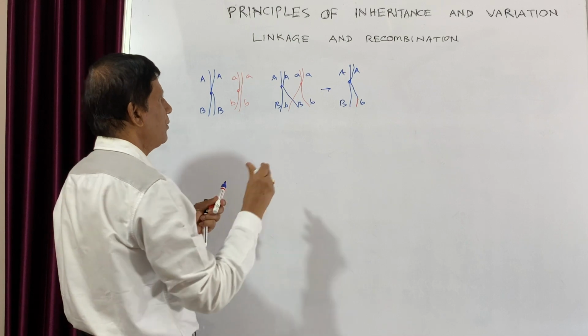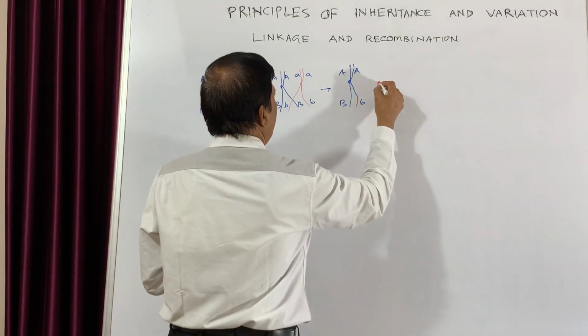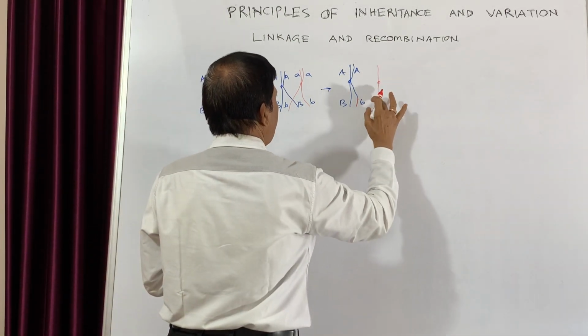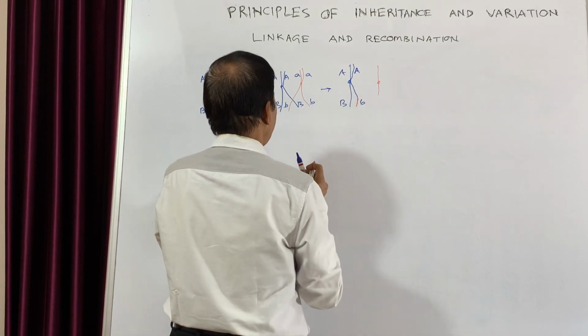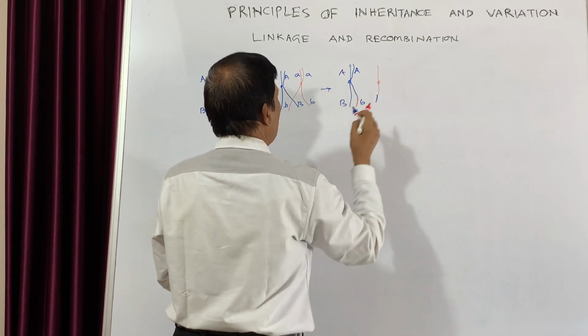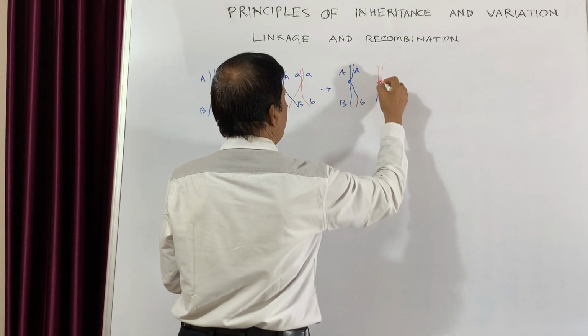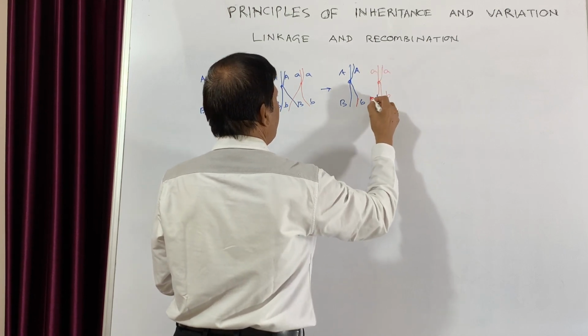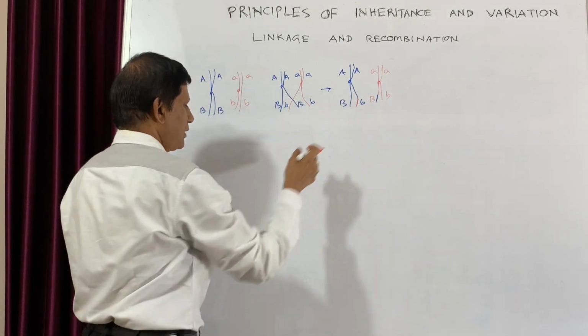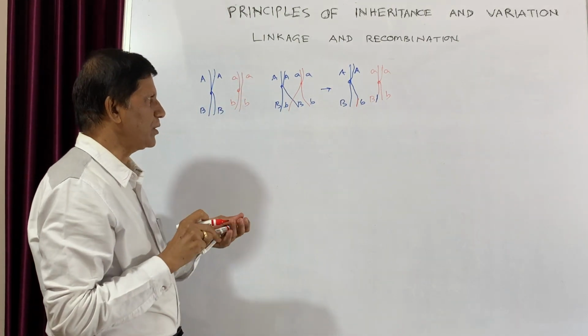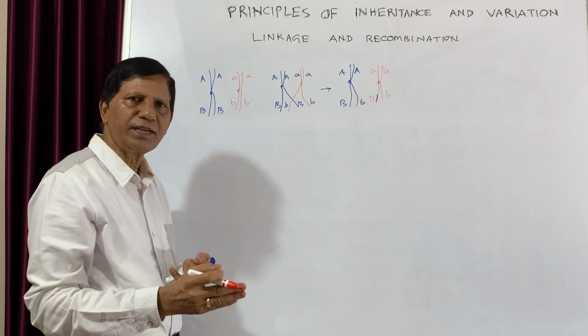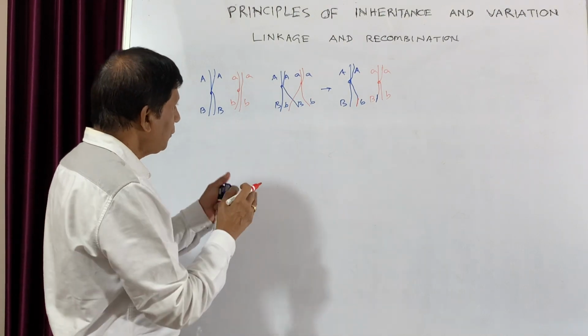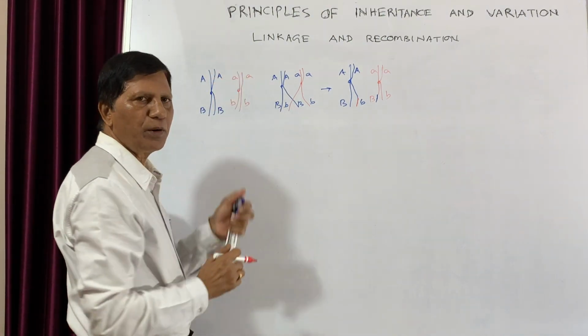Similarly, in the other chromosome, this part will be red, while this part will be blue. That means it is small a, and here small b, but this will be capital B. You see between the two homologous chromosomes how the crossing over has taken place. Why did it take place? Because they are far apart from each other.